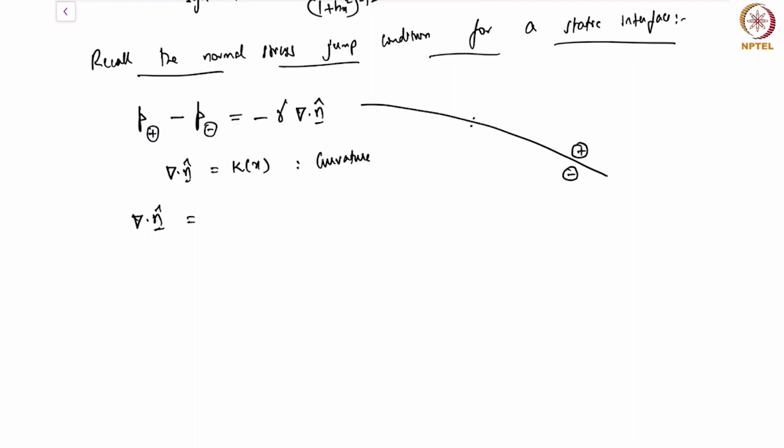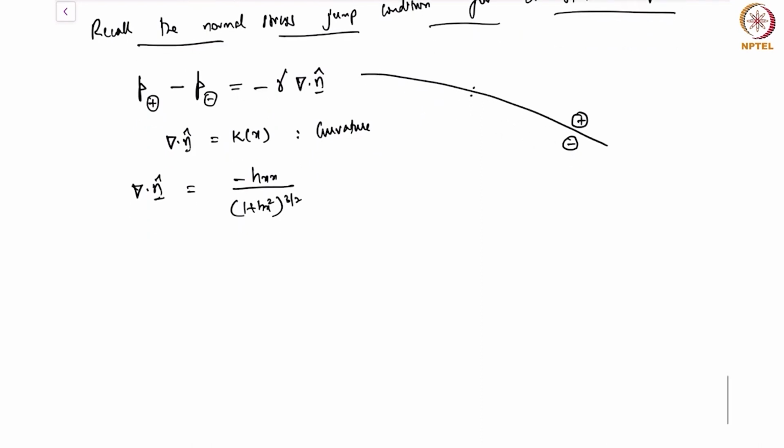We had also written down the expression for the normal vector n in 3 dimensions, but you can just ignore the variations of h with respect to y and calculate del dot n, and this will turn out to be minus hxx by 1 plus hx square whole power 3 by 2. Okay, now let's understand what is p plus and p minus.